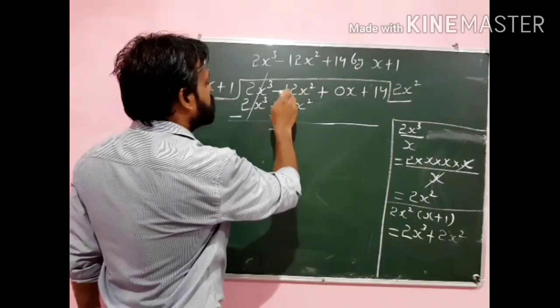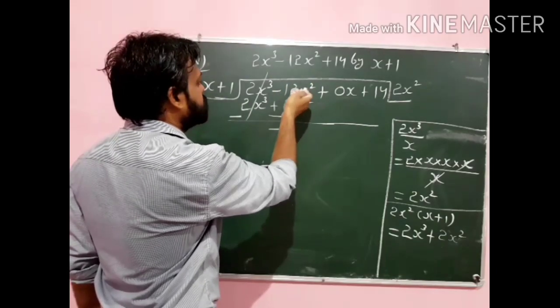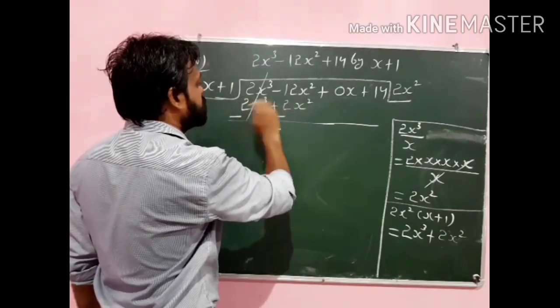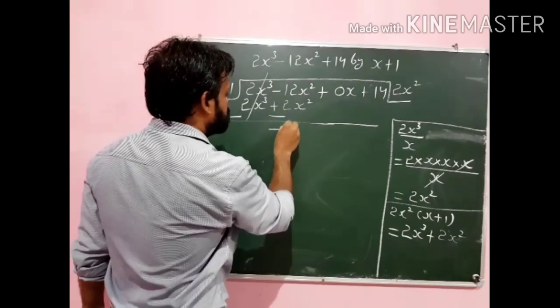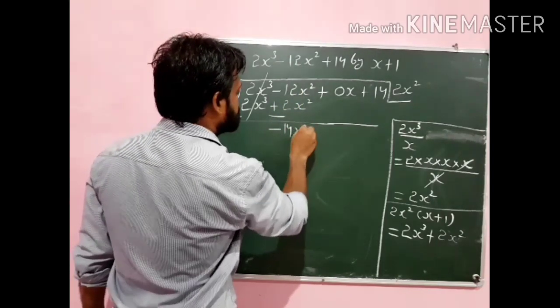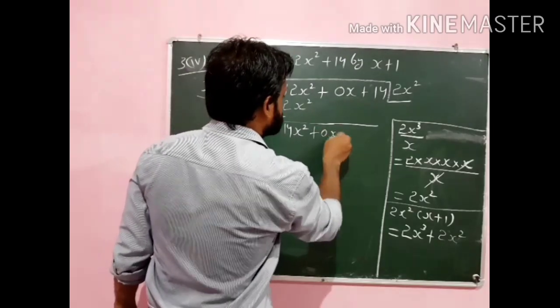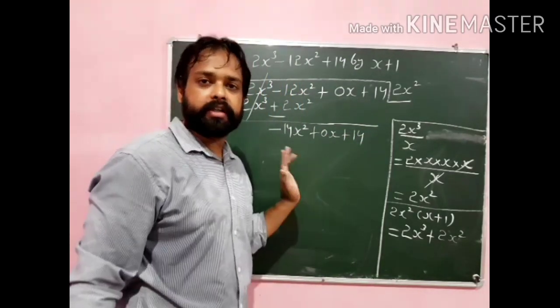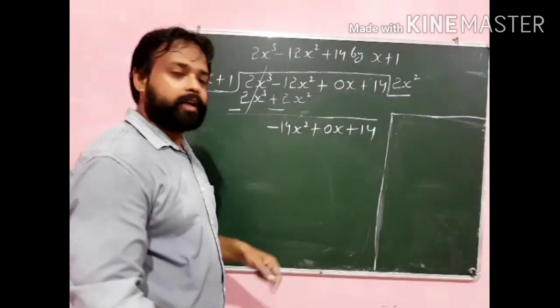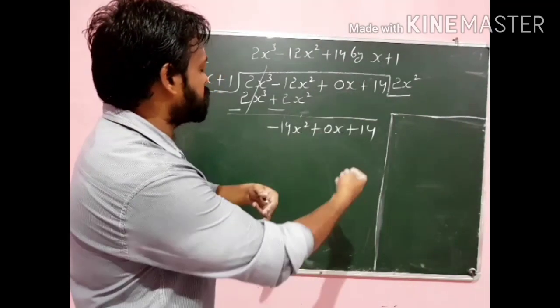Because the bigger term has a negative sign, it will become minus here. So 12 plus 2 becomes 14, so minus 14x square, and then write down plus 0x plus 14. So this is our first step. I hope it is clear to you. Okay, now see, from here we have to solve further.